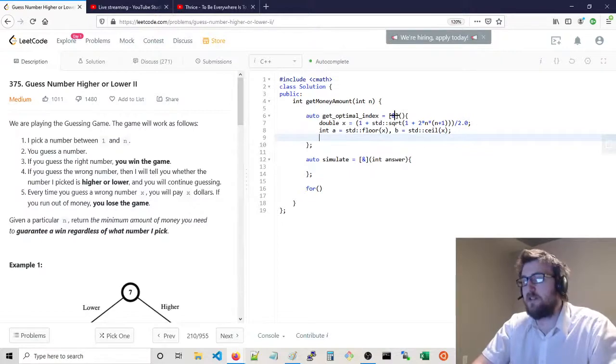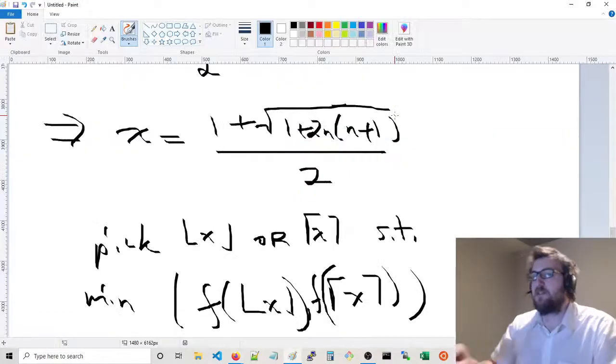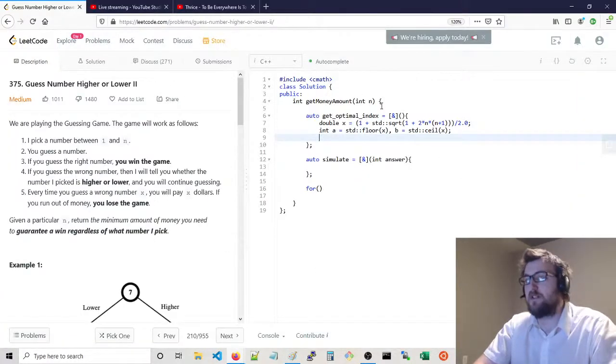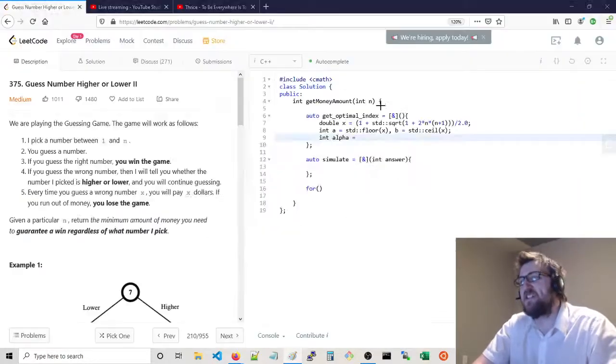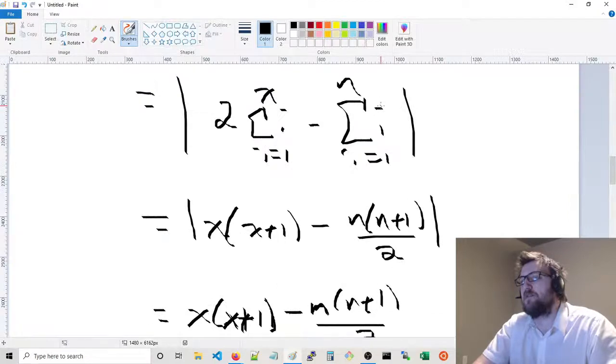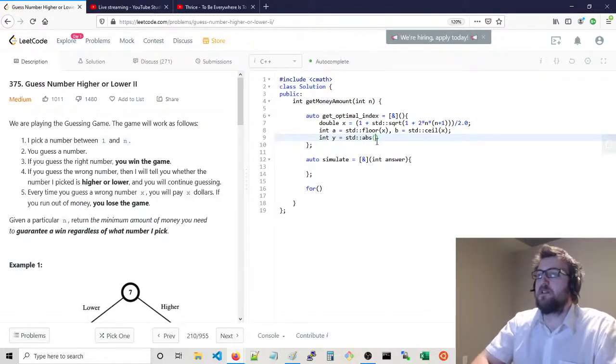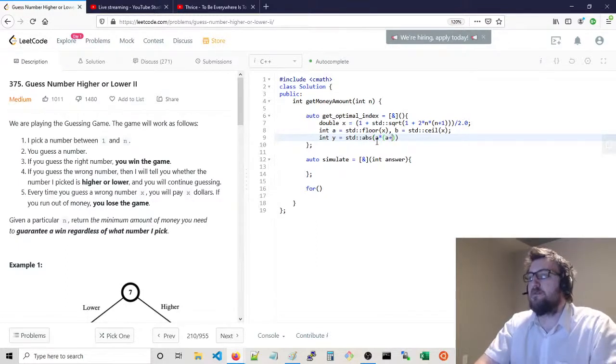And we'll say these two values, call it alpha and beta, or we'll do y and z. So y is the absolute value of a times a plus 1 minus n times n plus 1 over 2.